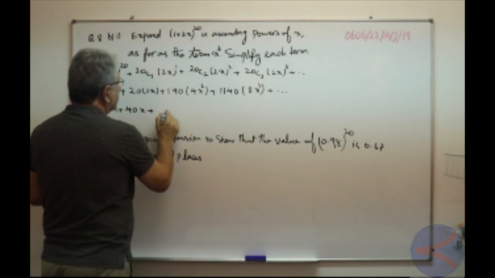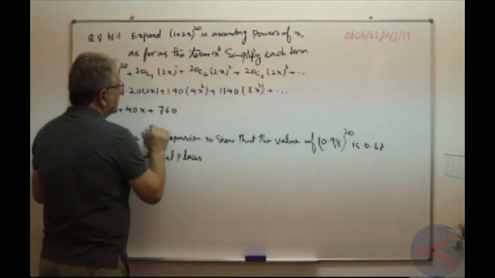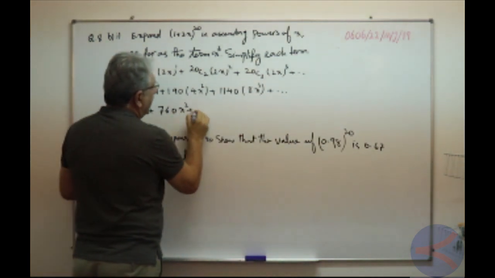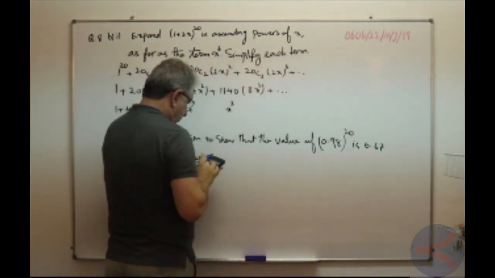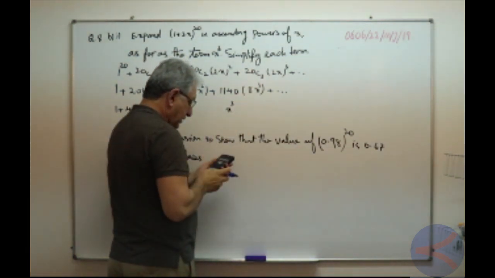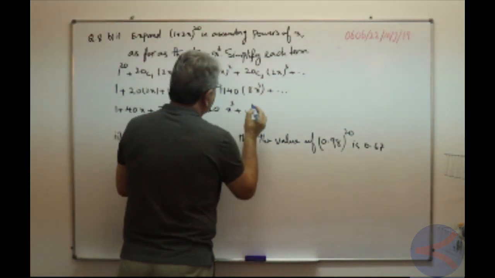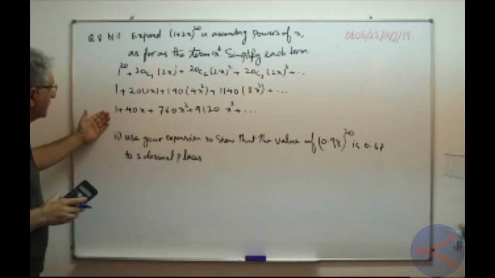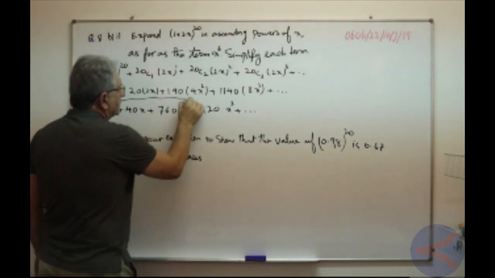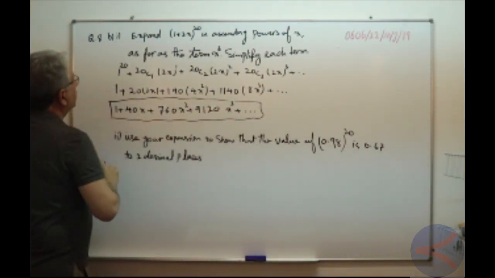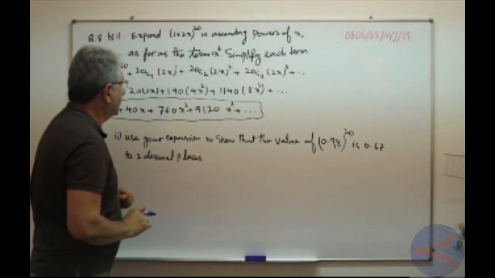Here 4 times 190 is 760x squared, and for x cubed, 1140 times 8 is 9120. Therefore we are done. This is the simplified format of this one. After expansion, the expression will be like that.